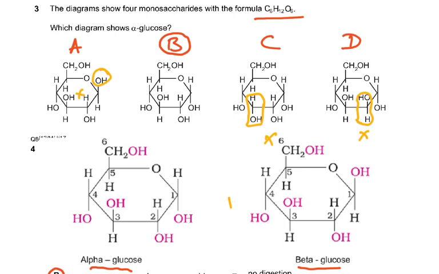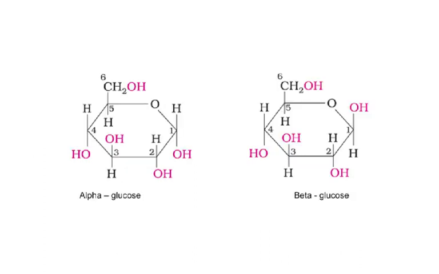You can see how on carbon 1 the OH is below in alpha, and in beta it is above. But carbons 2, 3, 4, 5 all have the same structure. On 2, H is above, OH is below; on 3, H is below, OH above; on 4, H is above, OH below; and 5 has an H, and then 6 has a CH2OH.